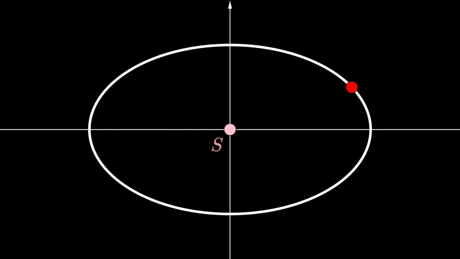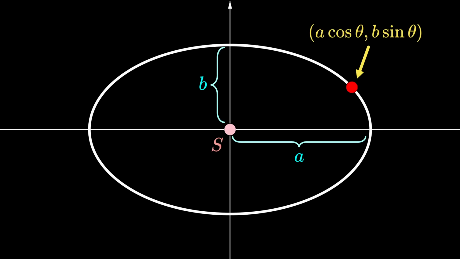We set up a coordinate system that aligns with the semi-major and semi-minor axes of the ellipse. If the semi-horizontal axis has length a, and the semi-vertical axis has length b, then we can parameterize every point on the ellipse as (a cos theta, b sin theta) for some theta.